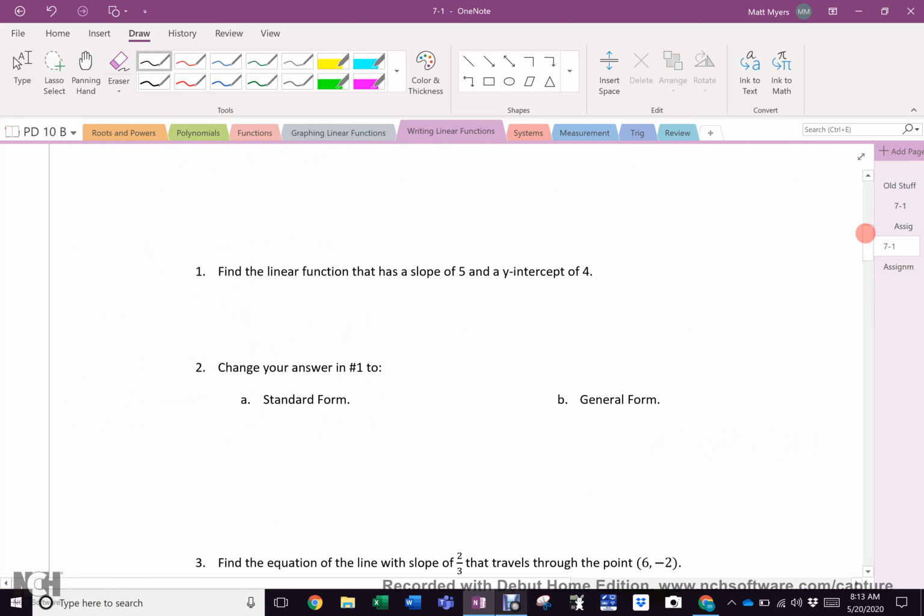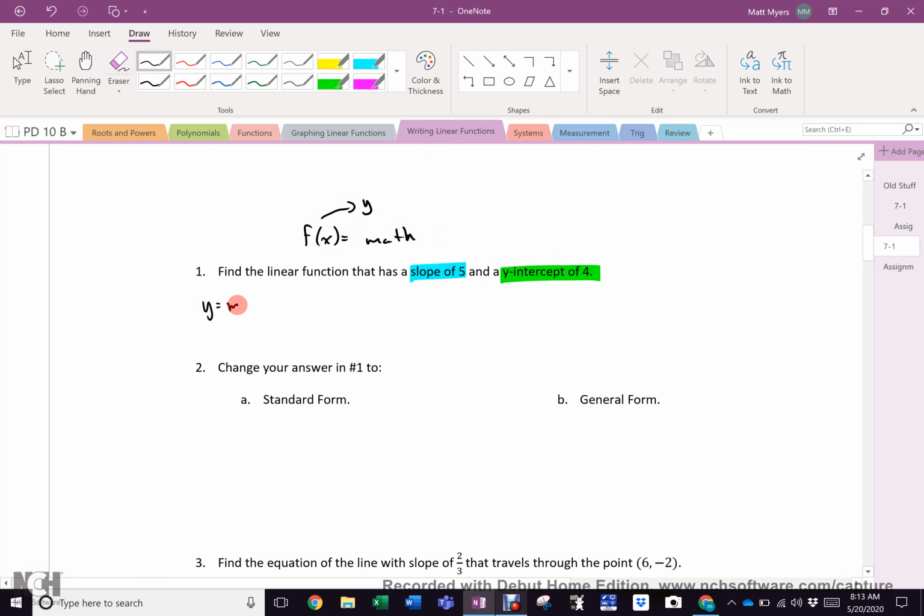So let's look at this first one. Find the linear function. Remember, a function is f of x equals, and then some math. And the f of x we write as a y. So I have a slope of 5 and a y-intercept of 4. So obviously, since I have a slope and a y-intercept, I'm going to use slope-intercept form.